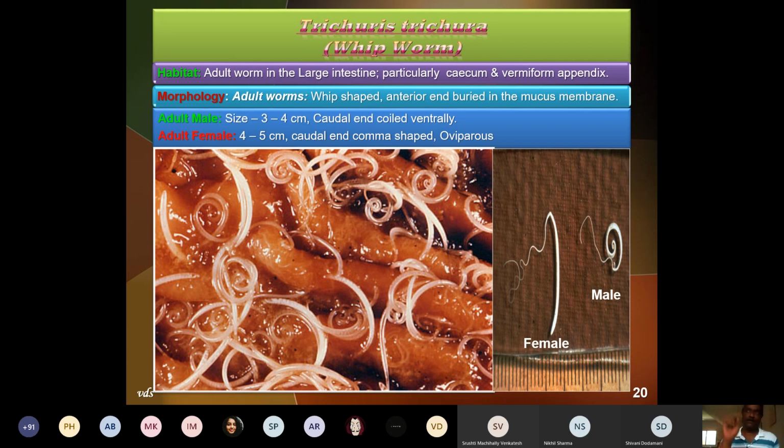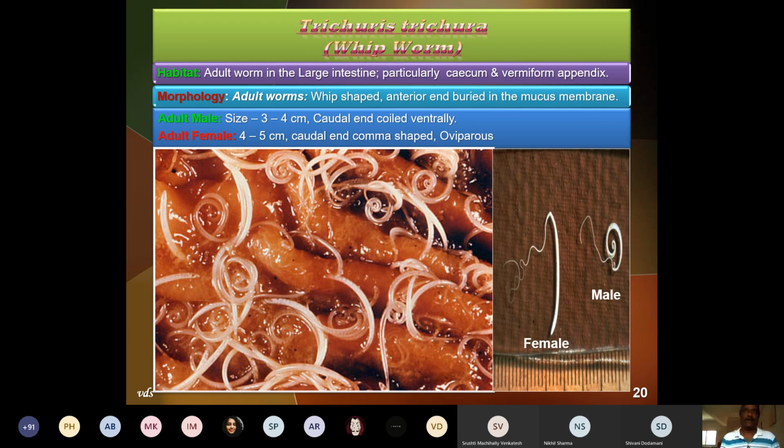On the basis of that 25%, we can identify whether it is a male or female parasite. If the posterior end is coiled ventrally, it is male. If it is not coiled, it is female. So while observing the intestine, you see only 25% of the worm; the rest 75% is burrowed into the intestinal mucosa.